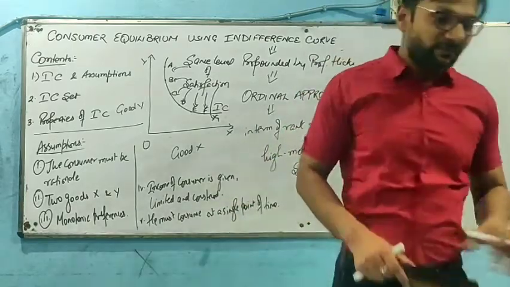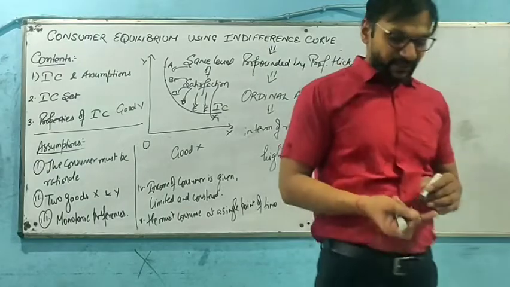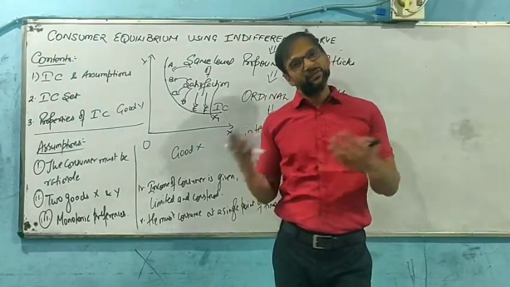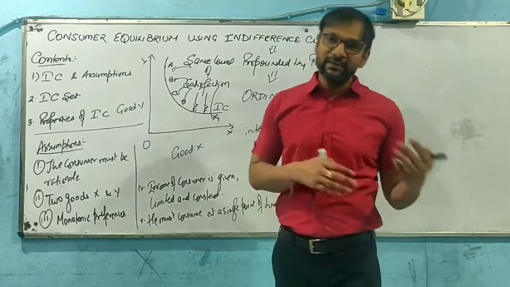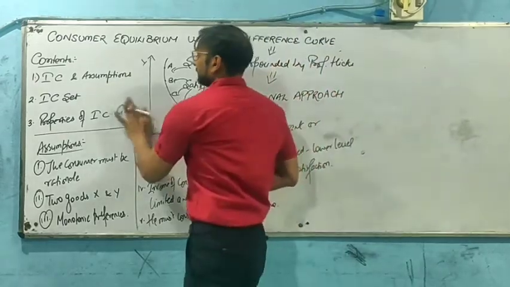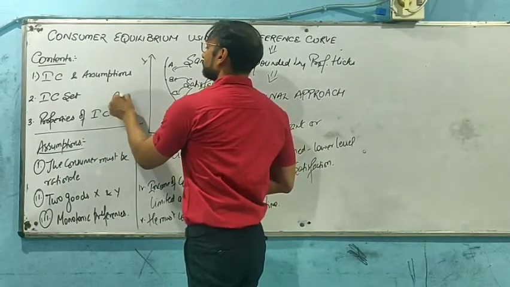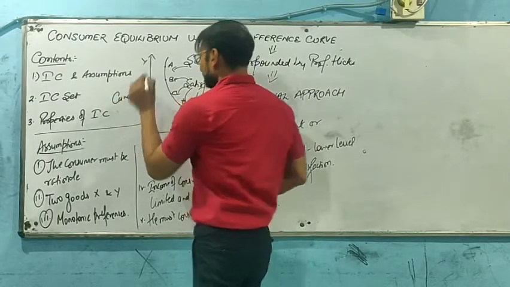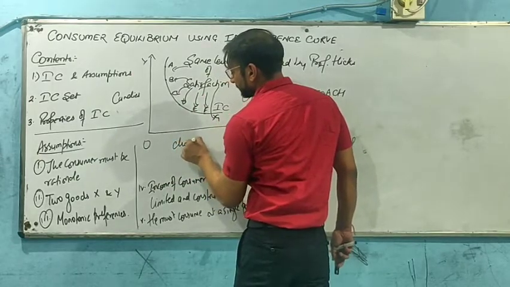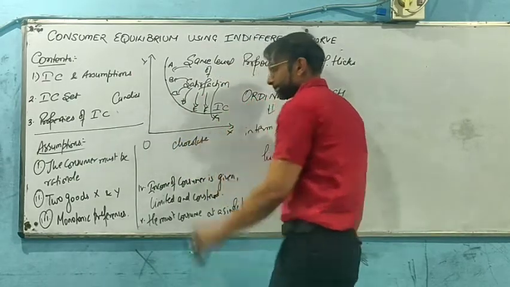For example, I give you a very reasonable example. Suppose a person is having candies and chocolate. He is in consumption of candies also, and of chocolate also. Say in good X we place candies, and in good Y we place chocolate.